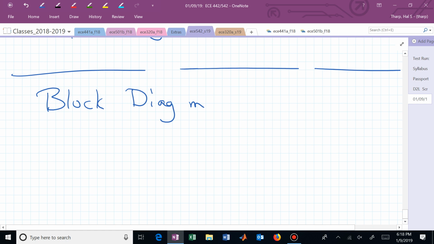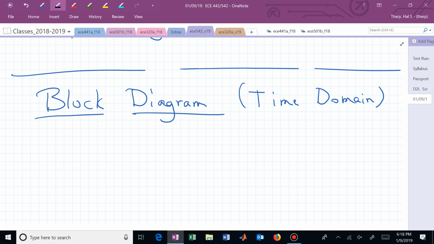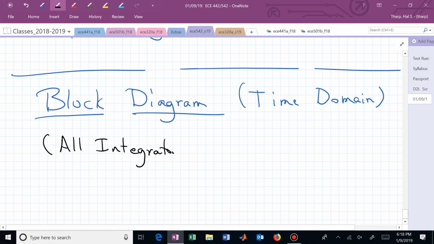Let's now look at a block diagram. And since we have the description of the system in the time domain, let's look at it in the time domain, and in particular, this is going to be an all-integrator block diagram.